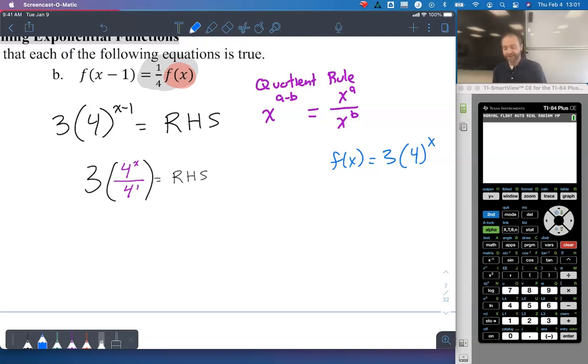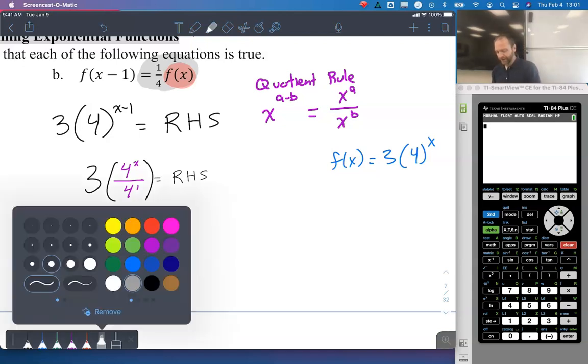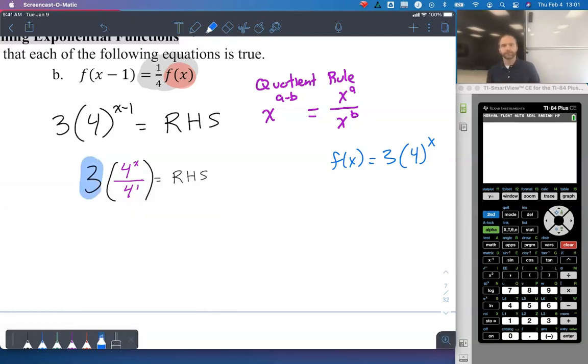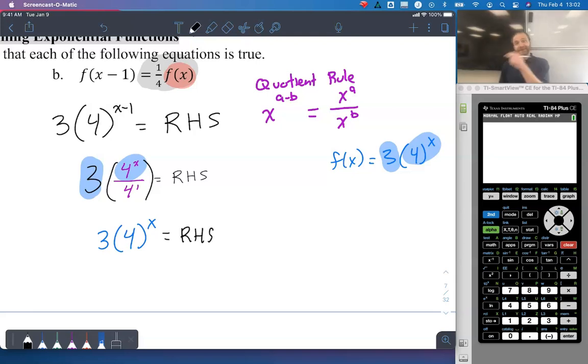Well, good news is I have a 3 right there. I mean, that 3 is already accounted for. I want a 4 to the x power right here. That 4 to the x power is already accounted for. So you know what I'm going to do? I'm going to just put those off to the side. I'm going to say I have a 3 times 4 to the x power equals, now I'm not done yet because you still see that one part that's not highlighted.